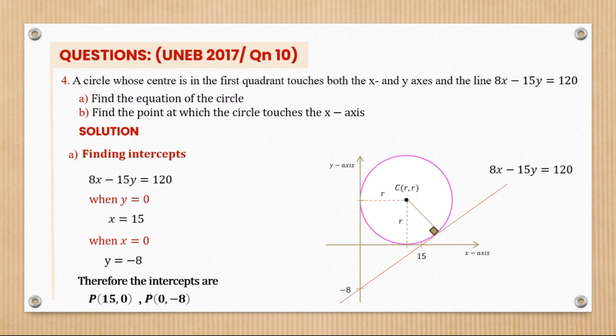Then in part B, we're being told to find the point at which the circle touches the x-axis. That means we're interested in this point right here. At this point, the value of y is equal to 0. So we can go into the equation of the circle, and wherever there is y, we make it 0 and we'll get the value of x.